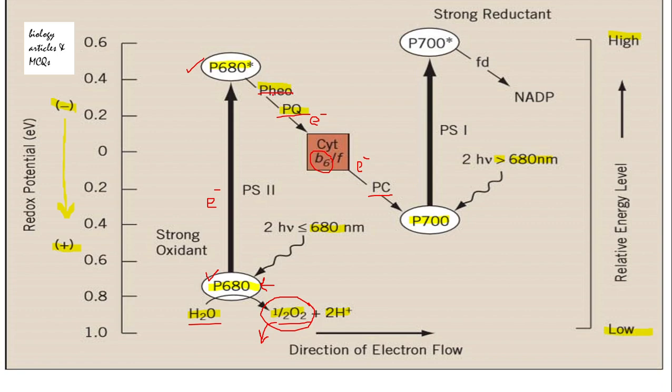So guys, here you can see that the pheophytin is at a high energy level. When the pheophytin transfers the electrons to plastoquinone, from plastoquinone they are transferred to cytochrome, and cytochrome will transfer them to the plastocyanin.